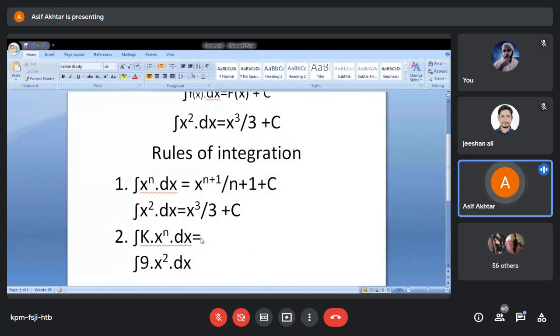So according to the rule of the integration, the constant k will come out from the integration, and then the rest of the thing will remain the same as what I have discussed here.